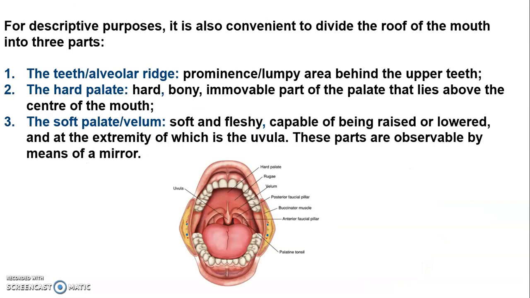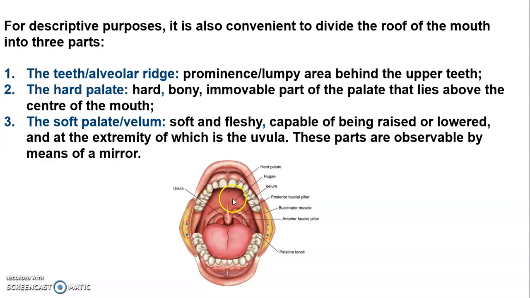For descriptive purposes, it's convenient to divide the roof of the mouth into 3 parts: the alveolar ridge, the hard palate, and the soft palate. The alveolar ridge is that prominence or lumpy area behind the upper teeth. You can feel it with the tip of your tongue.